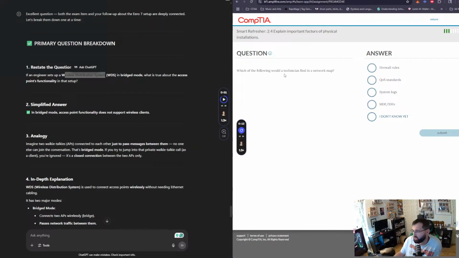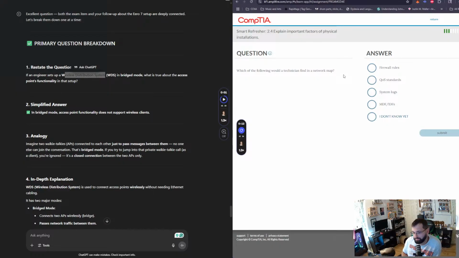Okay, which of the following would a technician find in a network map? I thought a network map was a map of the layout of the cables.